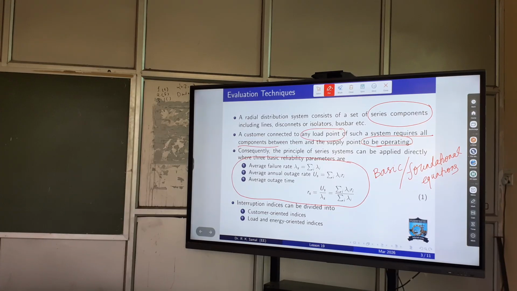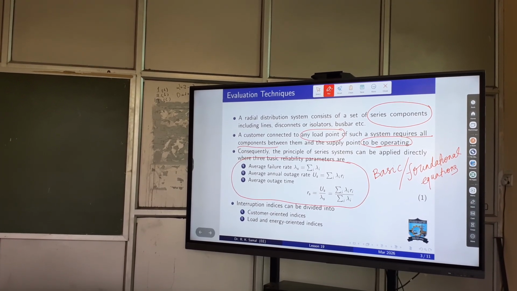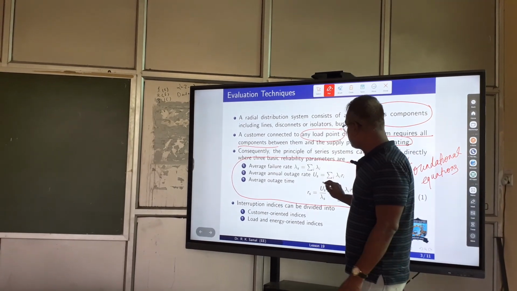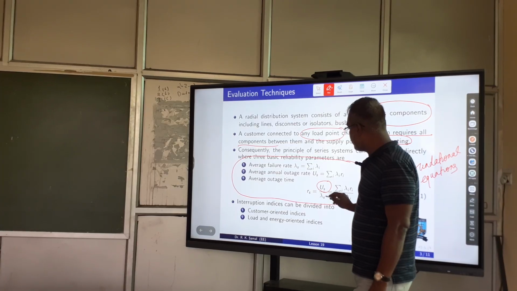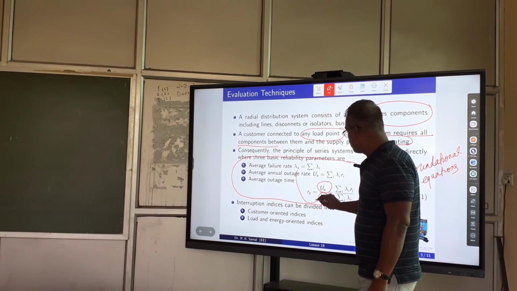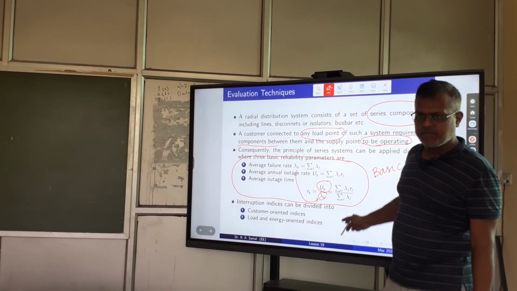It's not exactly repair rate, we will see in detail. Next slide. Average outage time is equal to annual outage time divided by the failure rate. You will see exactly what r_i means in the next slide.